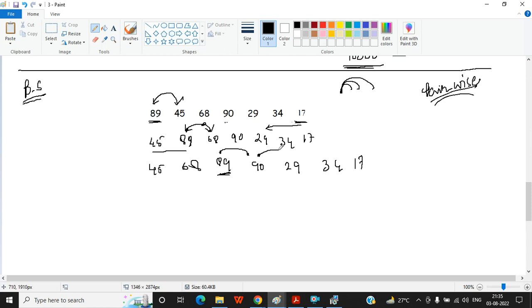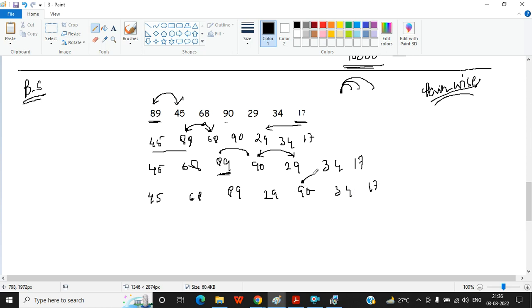If we hold 90, then we have to compare it just with the next element, pairwise. So here clearly there will be a swap. So 45, 68, 89, 29, 90, 34, and 17. Don't leave the 90.